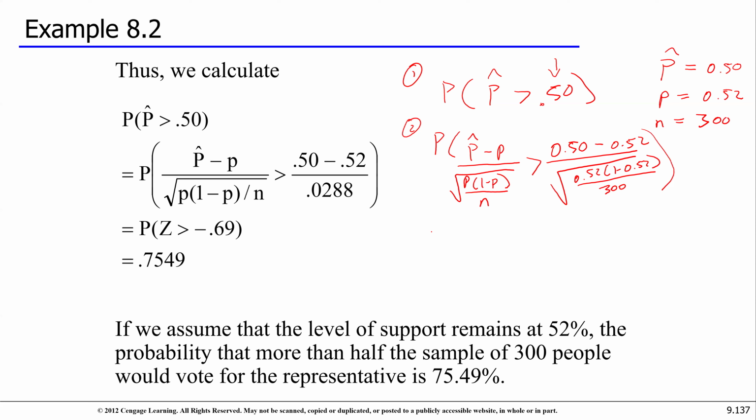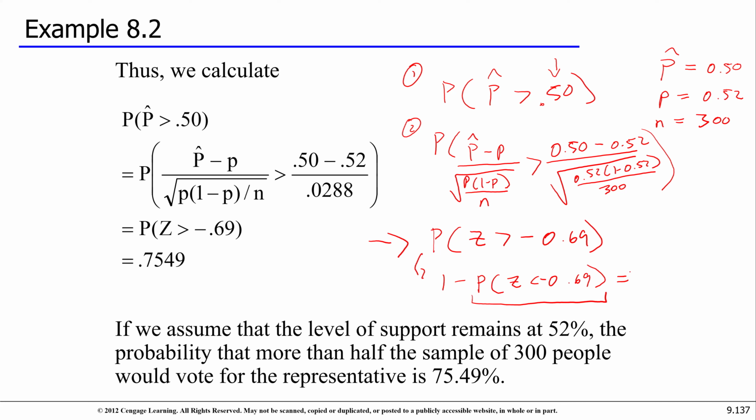If you reduce all this down, it comes out to the probability of z being greater than negative 0.69. After you get it to this step, it should be like clockwork. You should know what to do from here. You know that you need to use the complement rule. So 1 minus the probability of z being less than negative 0.69.